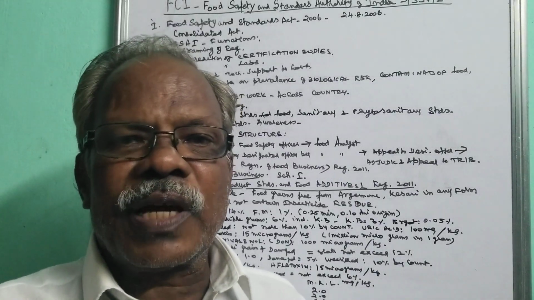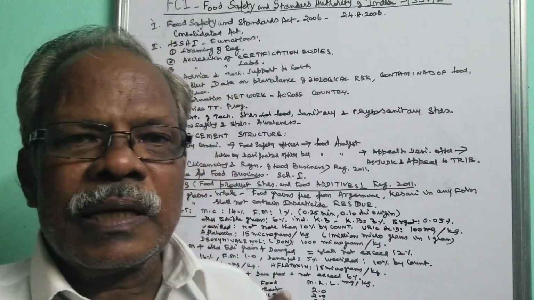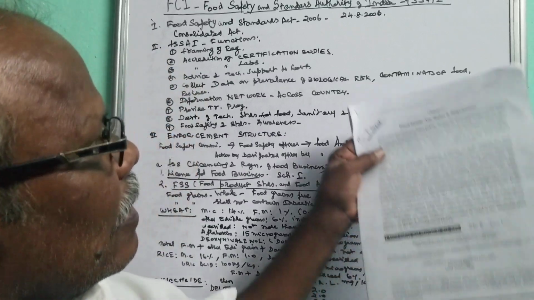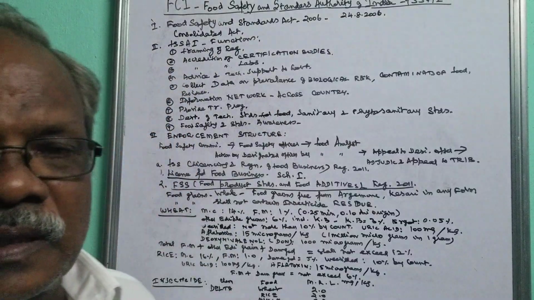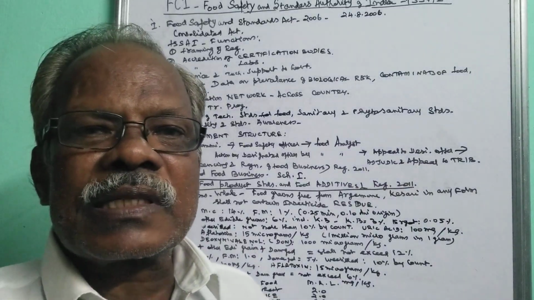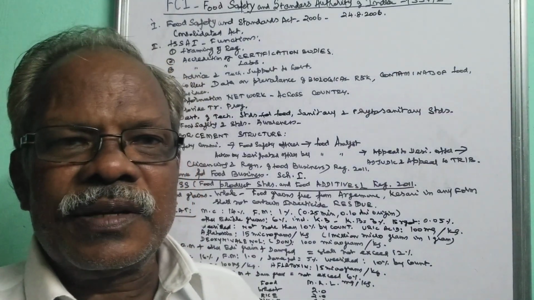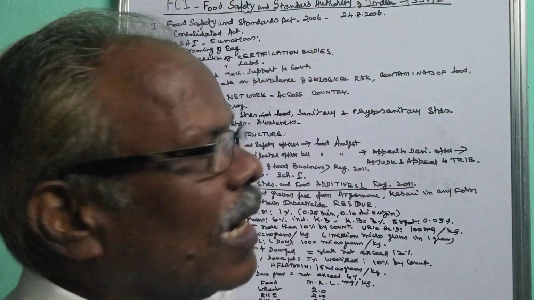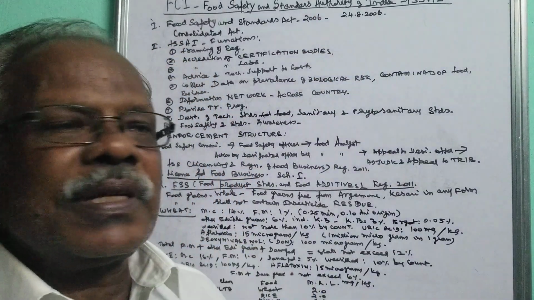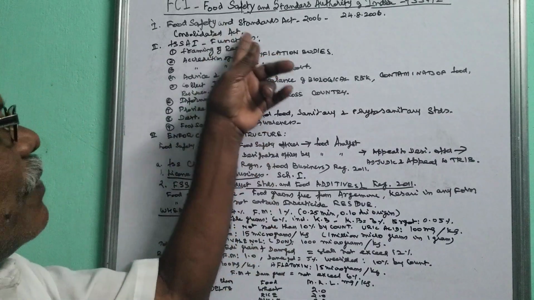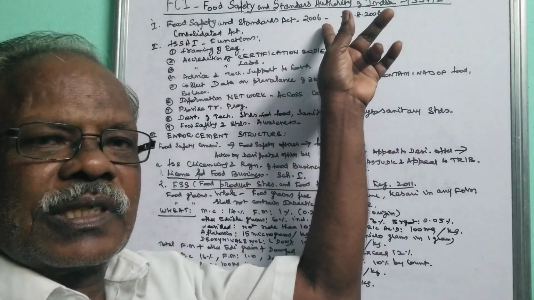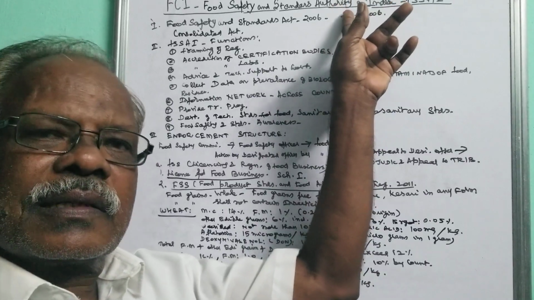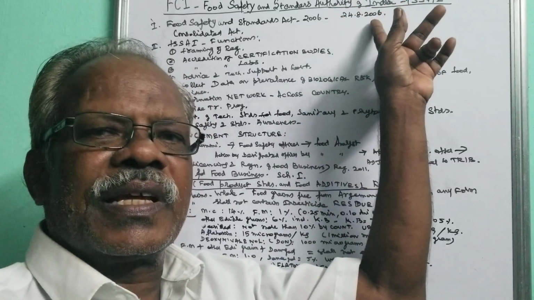Today in this video we are going to discuss the Food Safety and Standards Act 2006. It is always called FSSAI, Food Safety and Standards Authority of India, under which the Food Safety and Standards Act has come into existence for providing food safety.